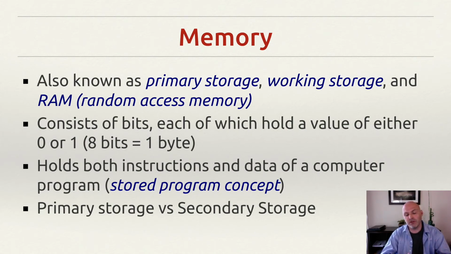Memory, it's important to note, holds both the program's instructions, meaning from our earlier example, I want to add, and the data that the program is working with. So in our earlier example, we added the numbers 4 and -2. So in this case, we have one instruction, add, and we have 2 points of data, 4 and -2. All 3 of these things will be stored in memory.